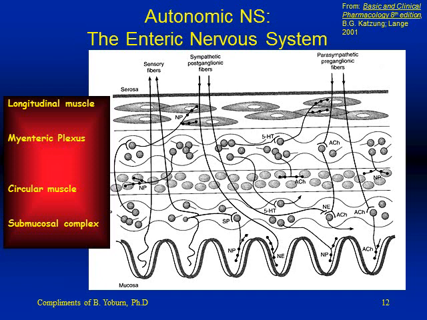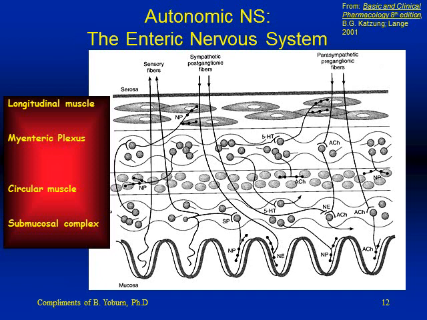But if you look around, you'll also see other transmitters there, such as 5-HT, which is serotonin, or NPY, which is neuropeptide Y, or SP, which is substance P. Vasoactive intestinal peptide could work in here.